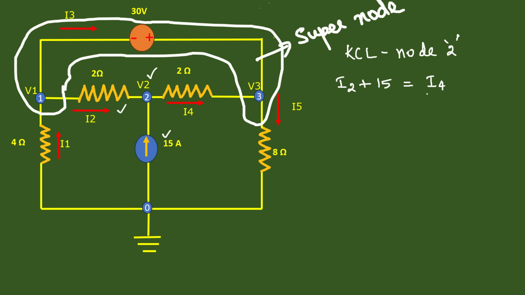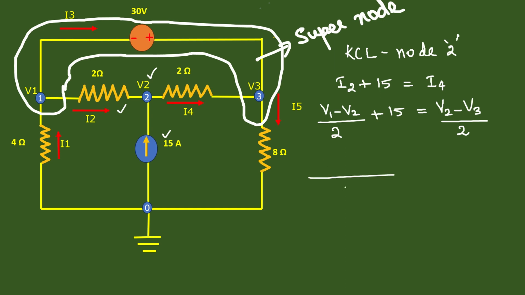For I2 and I4 we can apply Ohm's law. For I2 it is V1 minus V2 divided by 2 ohms, plus this 15, equal to I4, which is V2 minus V3 divided by 2 ohm resistance.